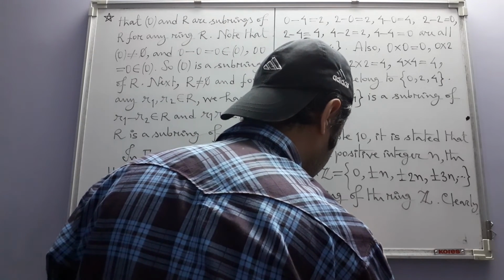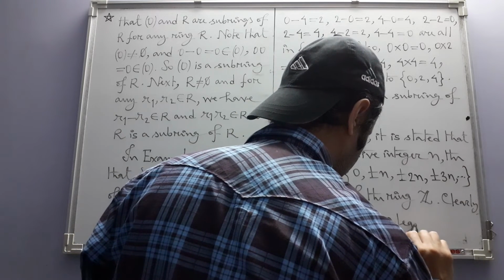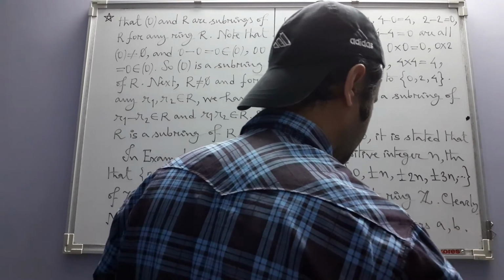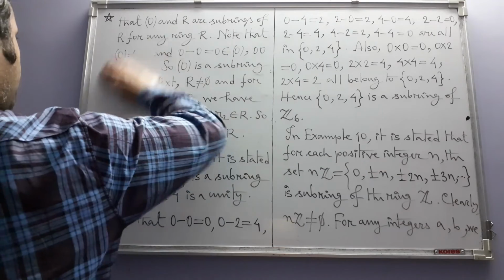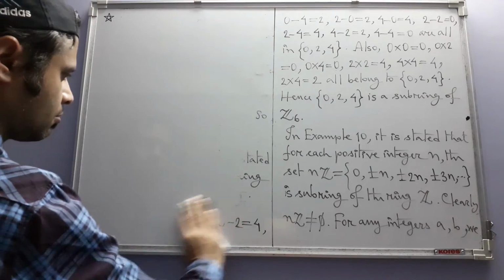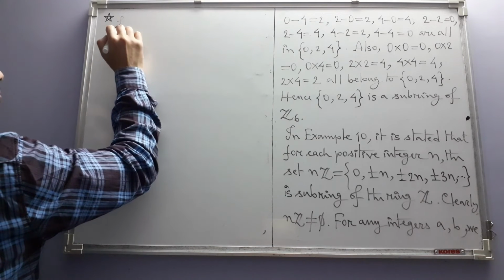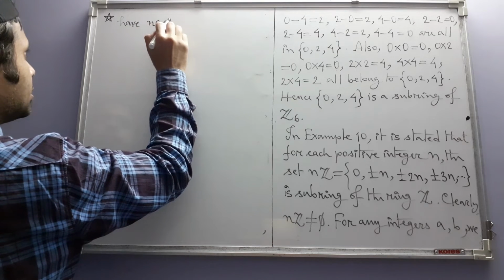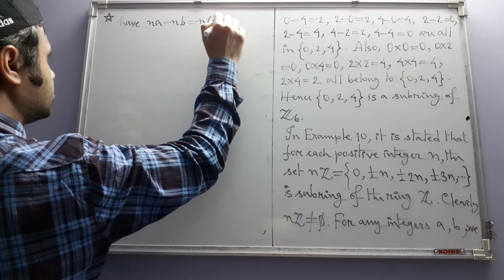Now for any integers a and b, we have na minus nb equal to n times (a minus b).